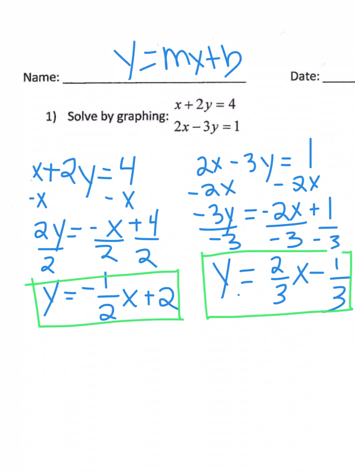Now you're going to put both of those y equals mx plus b equations into your graphing calculator. And then once you have them in your y equals area, you're going to hit graph, and then you're going to hit second trace.